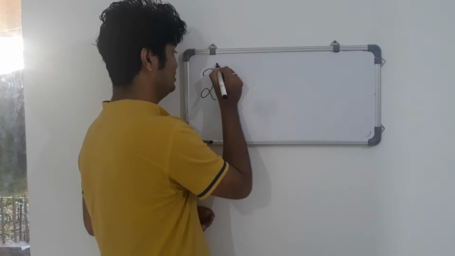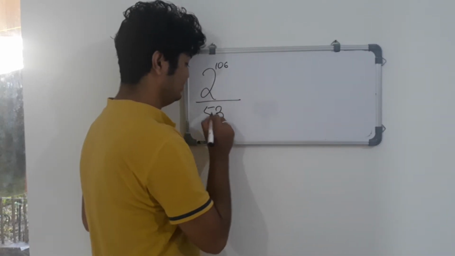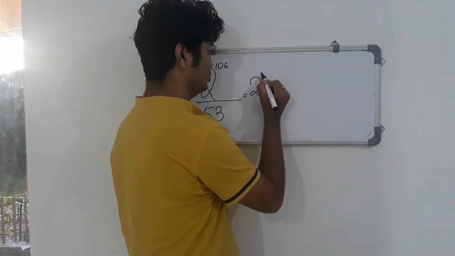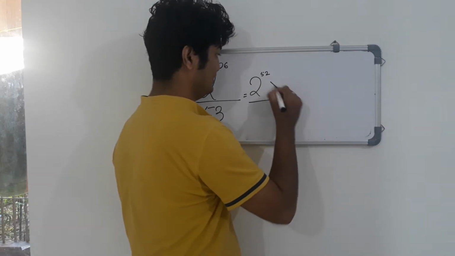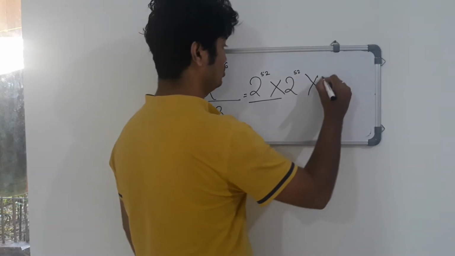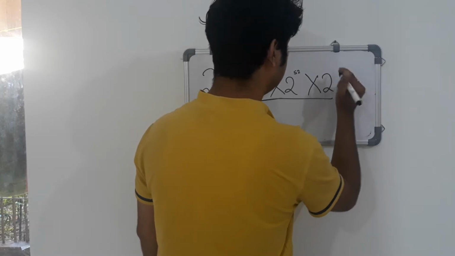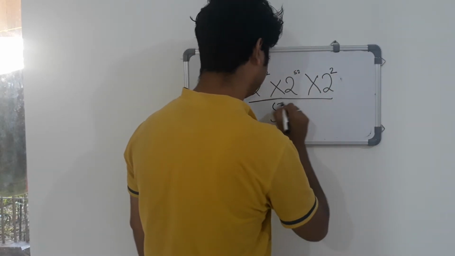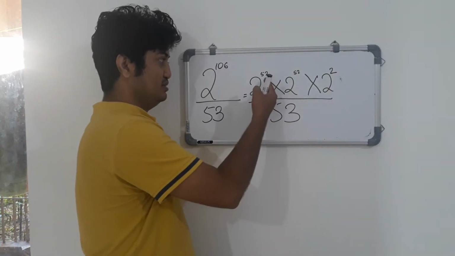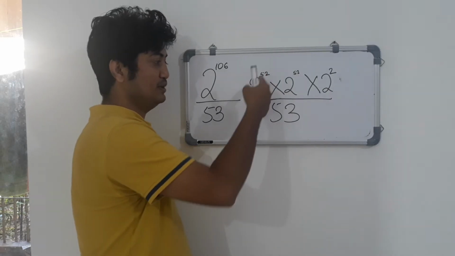2 to the power 106 whole divided by 53. So this is the question. Can I write this as 2 to the power 52 into 2 to the power 52 into 2 to the power 2 by 53? Okay, 53 is a prime number. You can see this is p minus 1, this is p, so it is in the form of Fermat's theorem, a to the power p minus 1 by p.